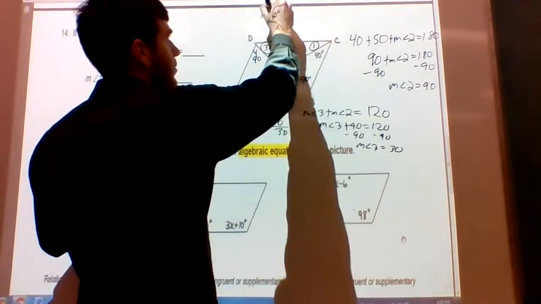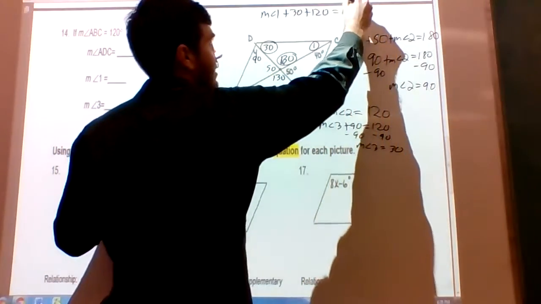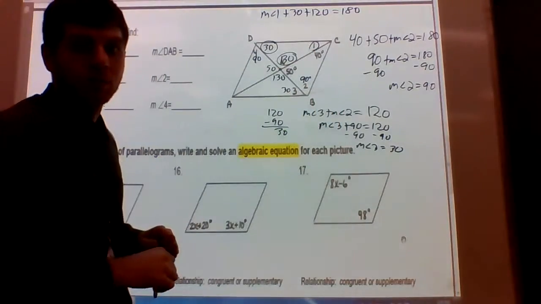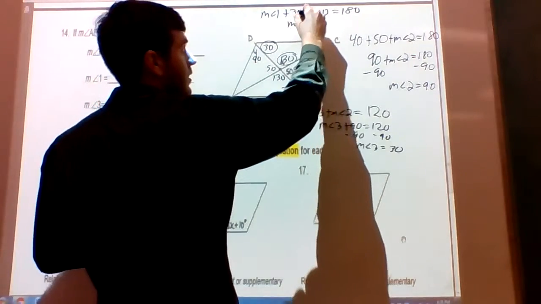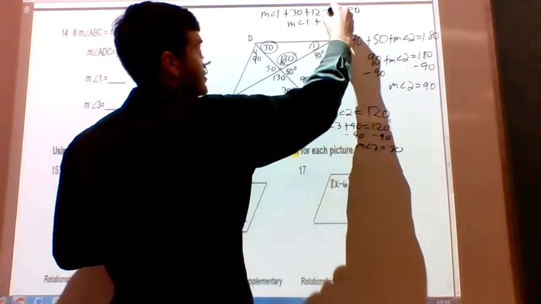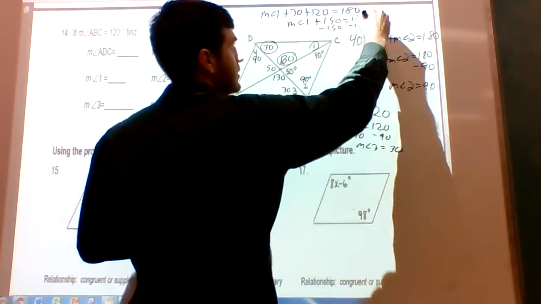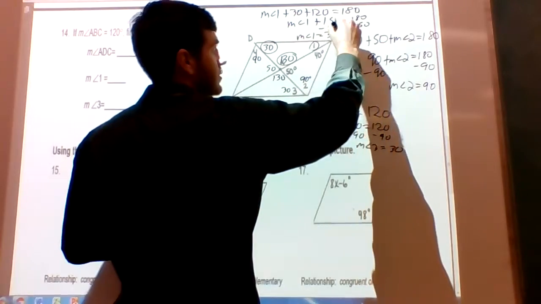So measure of angle 1 plus 30 plus 120 equals 180, right? 30 plus 130 plus the measure of angle 1 equals 180. So this becomes 150. Measure of angle 1 plus 150 is 180. Subtract 150 from both sides, and we get the measure of angle 1 is going to be 30 degrees.